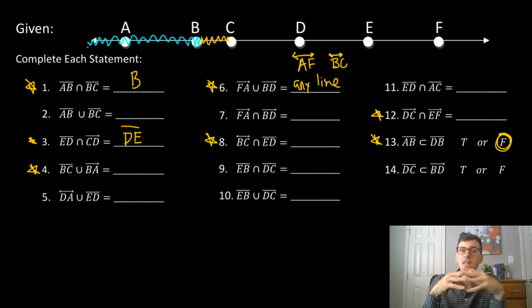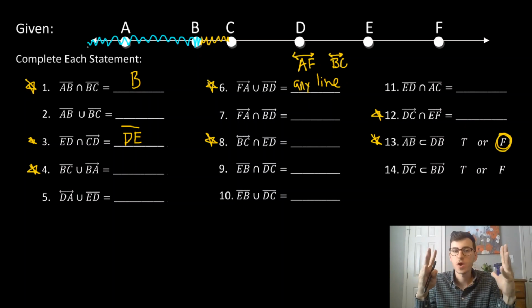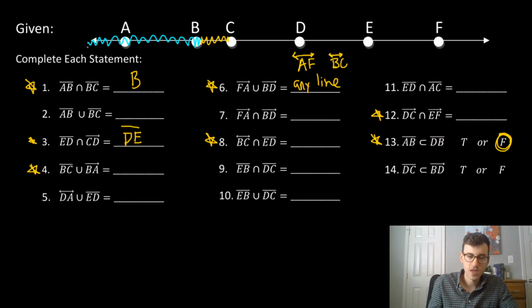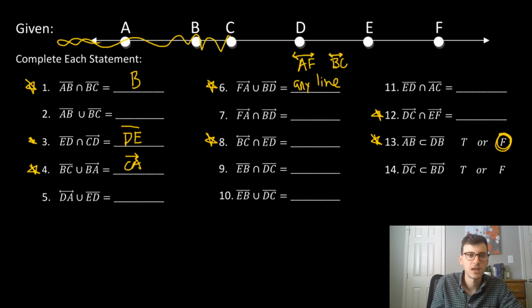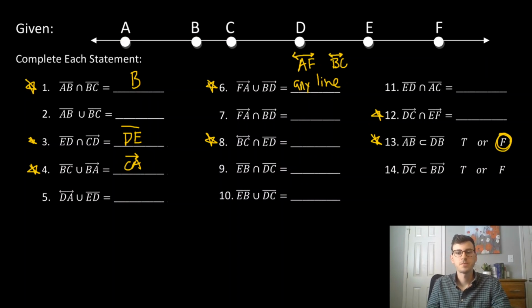So remember, with union, that's all of where we've colored in, right? It's all of the points. So for this, it would be all the points from C extending into infinity this direction. So that would be ray CA, because ray CA captures both of those sets.